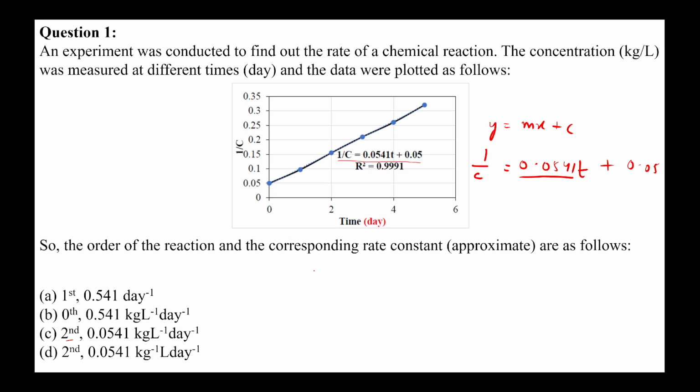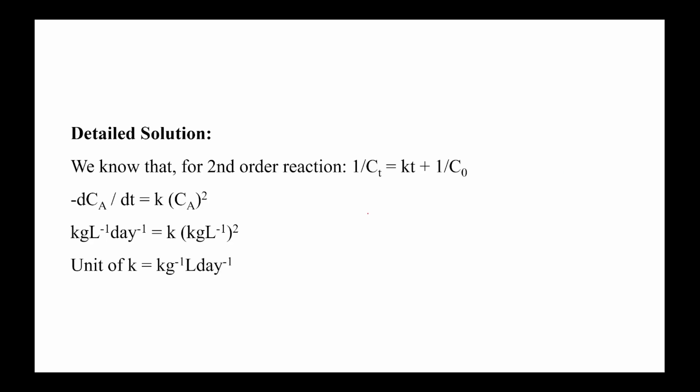If you see here, for rate, we have the change in the concentration of the reactant with respect to time equal to k into the concentration of A raised to the power of 2, because it's a second order reaction, right?